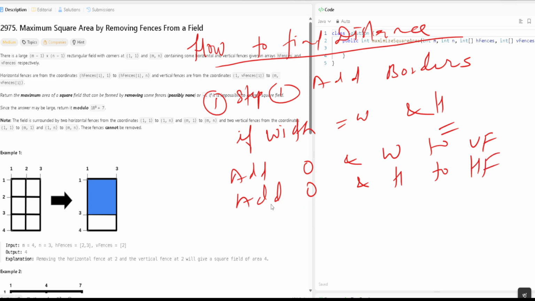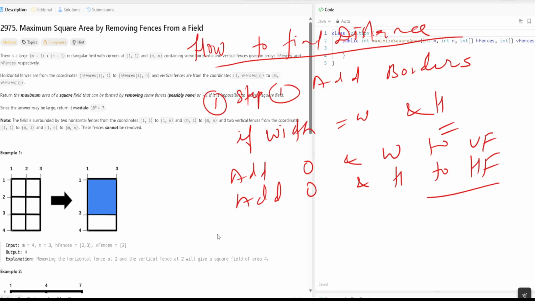Understand? This will ensure edge-to-edge distances are considered, so the edge-to-edge distance is calculated.